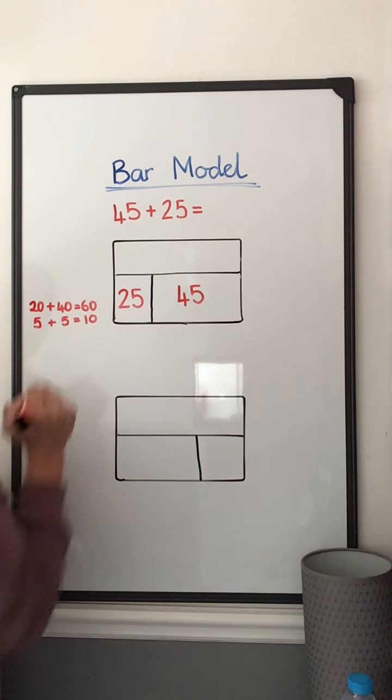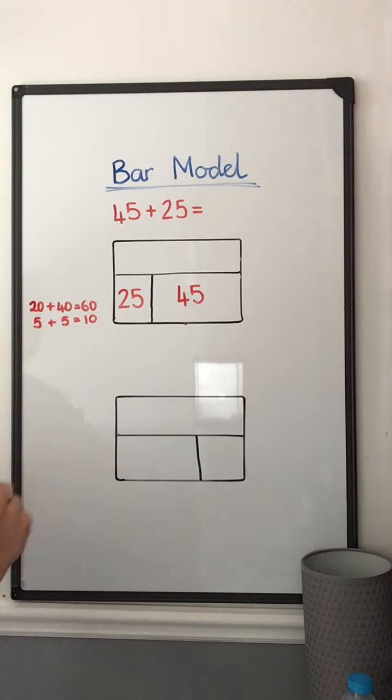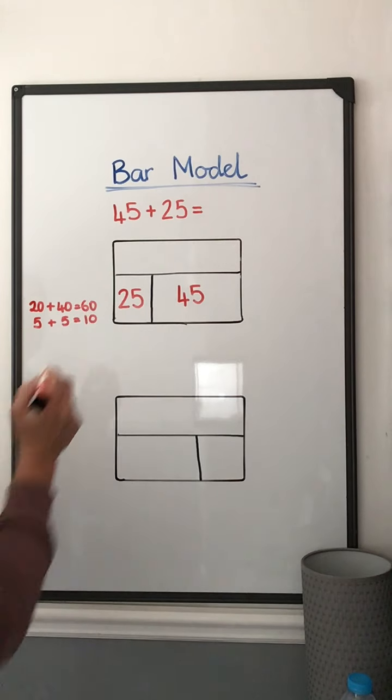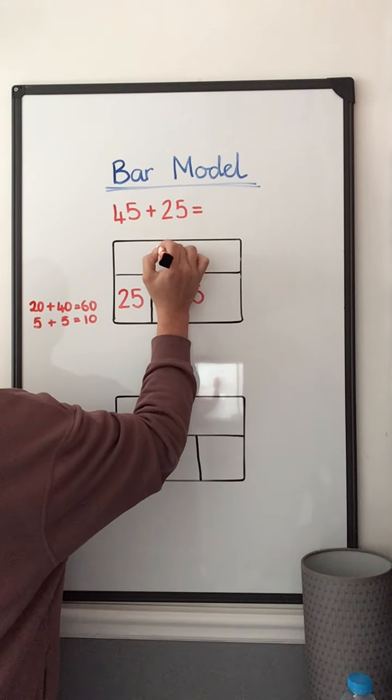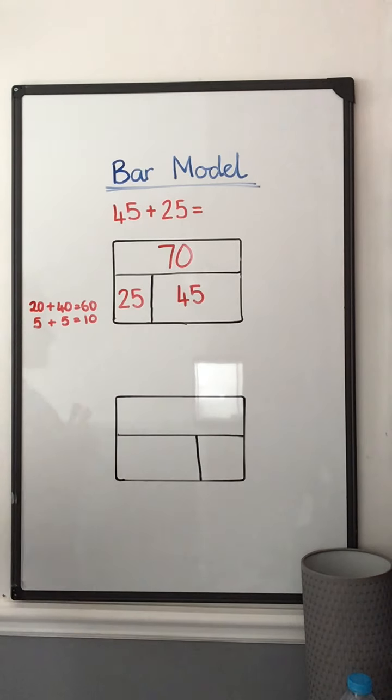We should all know 5 plus 5. Then I need to add these two together, and that's quite an easy add because I'm 60 and I'm adding 10. So I know that that equals, well done, 70. And that's just a visual way of seeing my sum.